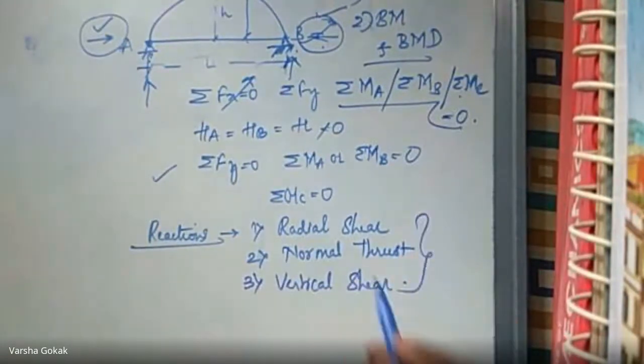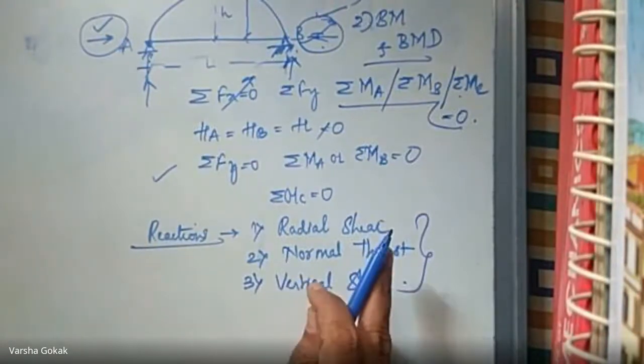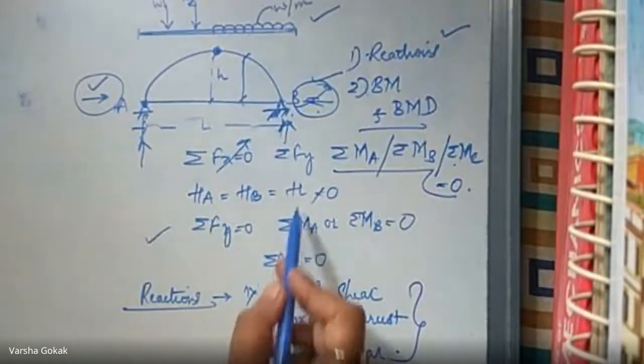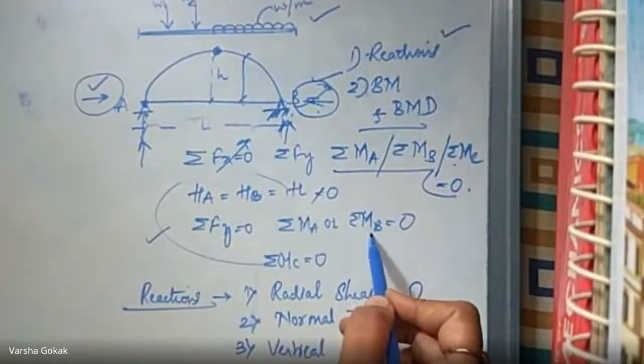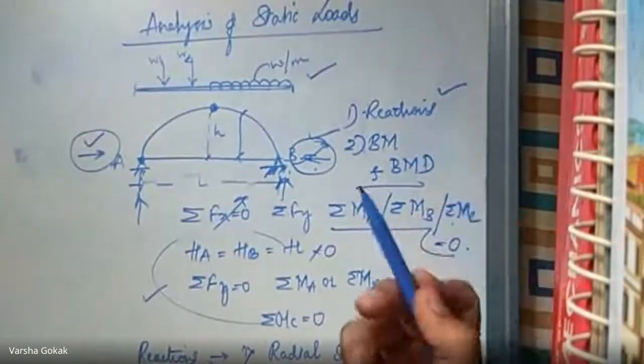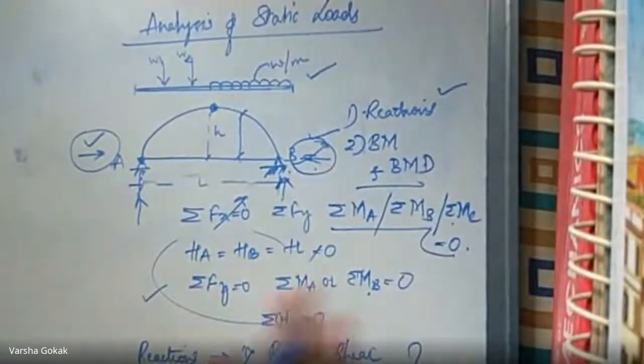So for this, there is one equation, and apart from that, we will be using the regular equations of equilibrium, drawing the bending moment diagram and finding the reactions also. The rest of the procedure is going to be the same.